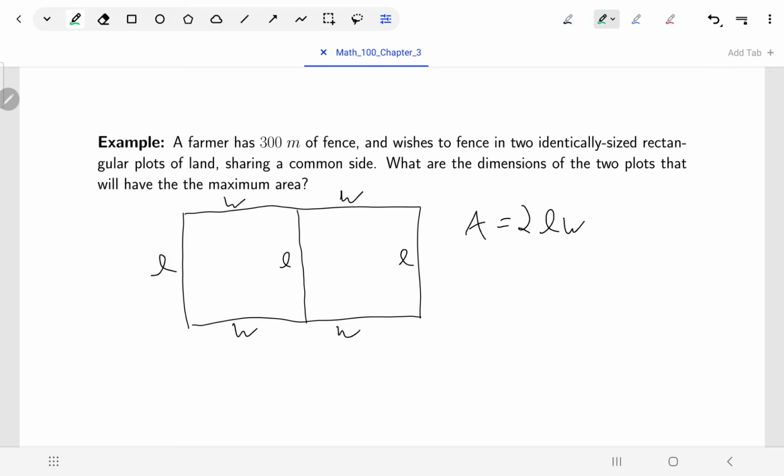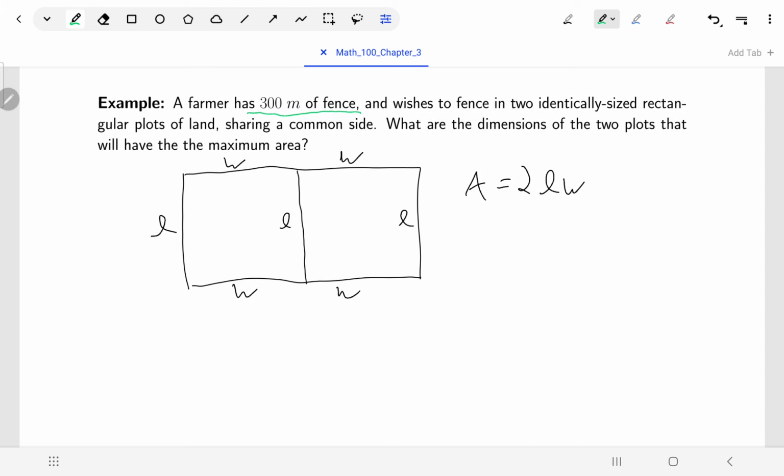So now I'm going to have to think about what else I have not used yet. And it's the fact that we have a total amount of fence of 300 meters. So that means that if we added up all the lengths and all the widths altogether, that should add up to 300. So in other words, as a second equation, we know that 4 widths plus 3 lengths adds up to 300.